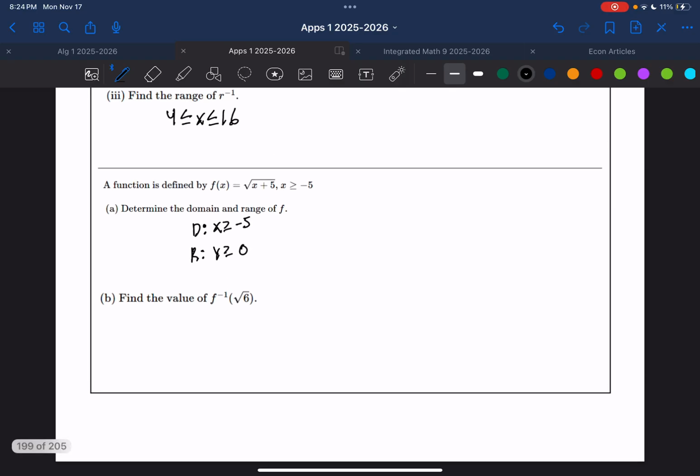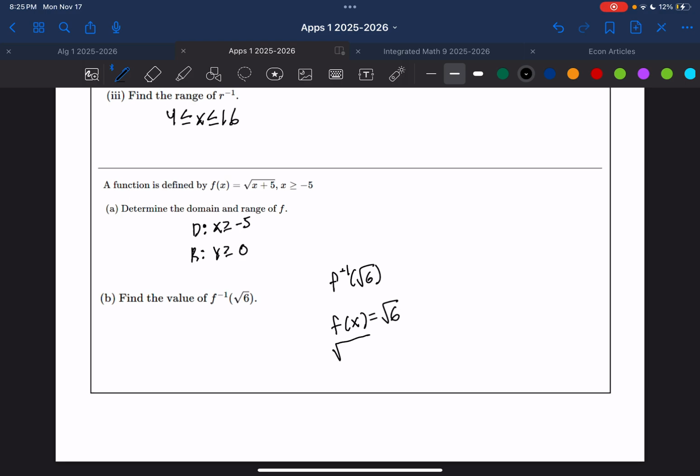And then for b, we want to try and find the value of the inverse function at the square root of 6. The other way of thinking about this is, if we're looking for f-1 of the square root of 6, we're looking for what input in our original function is going to make f of x equal the square root of 6.